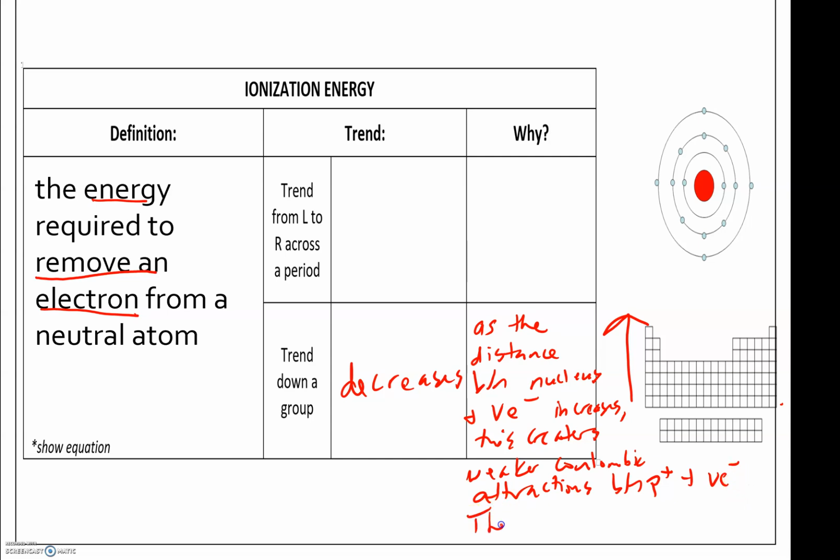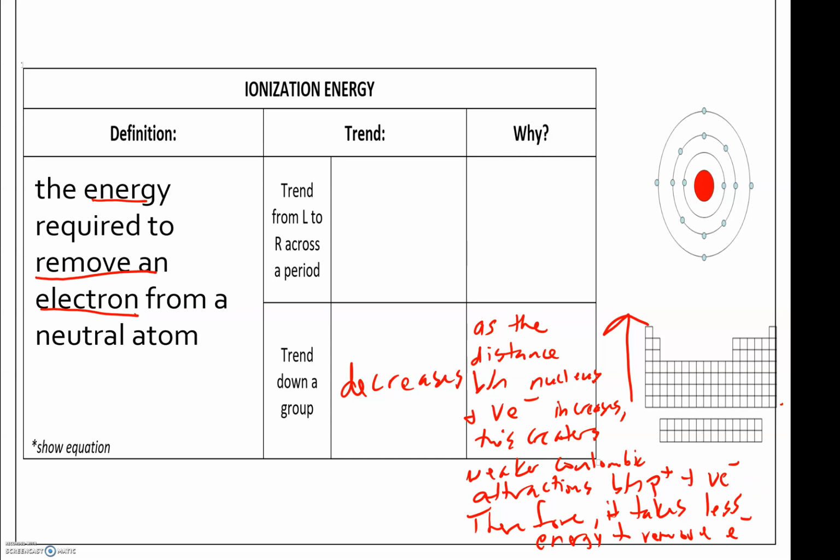Therefore, it takes less energy to remove a valence electron. And that's the definition of ionization energy.